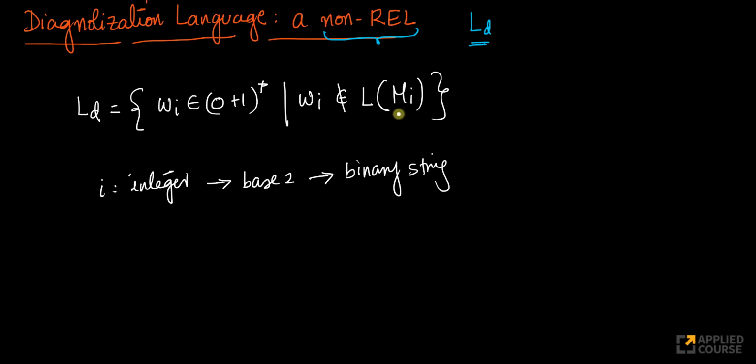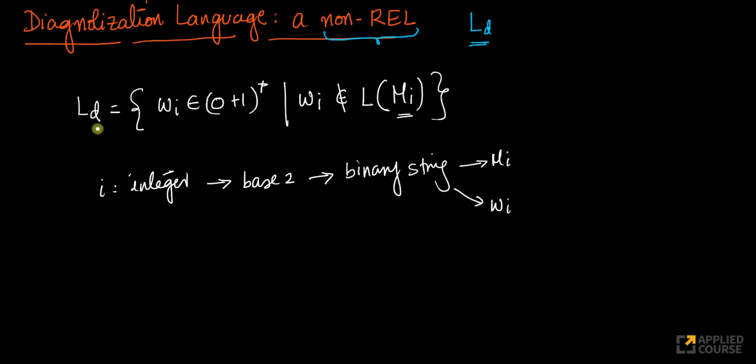That machine is what I'm calling Mi. Similarly, this binary string can also be thought of as a word Wi. There are two ways to interpret this binary string: one is machine i, the other is word i.